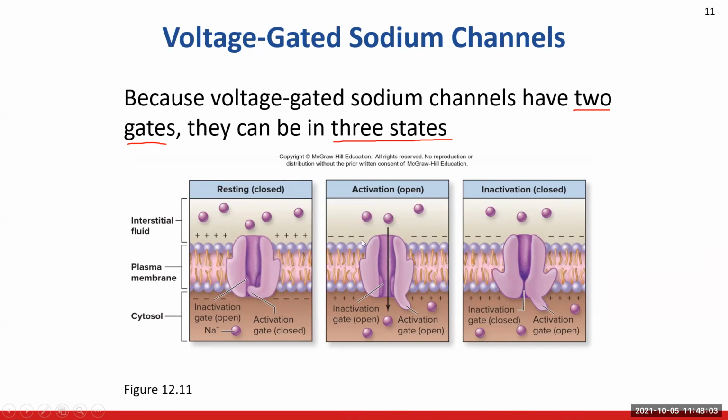You'll notice here in the next state, the activation state, we've switched the charges. Now it's negative outside and positive inside. But right now, just know that we've changed the charge, and that was enough to stimulate this gate to open up. And so that's what happens. The activation gate swings open. And so now sodium, which we had a lot of outside and very little of inside, starts to diffuse through.